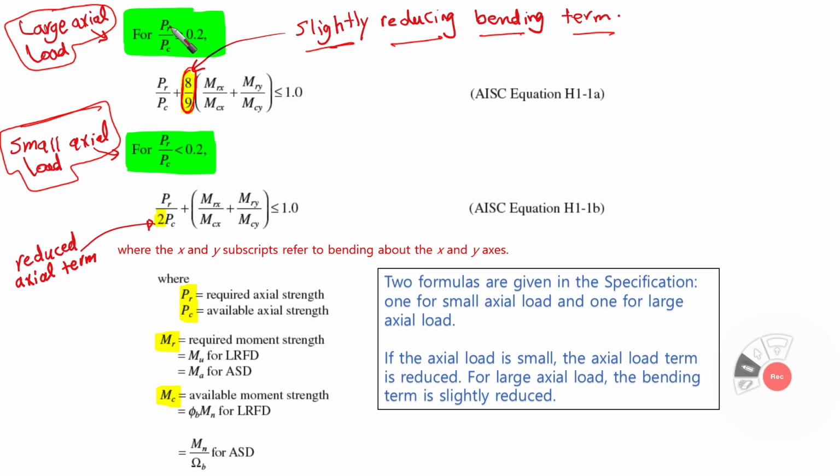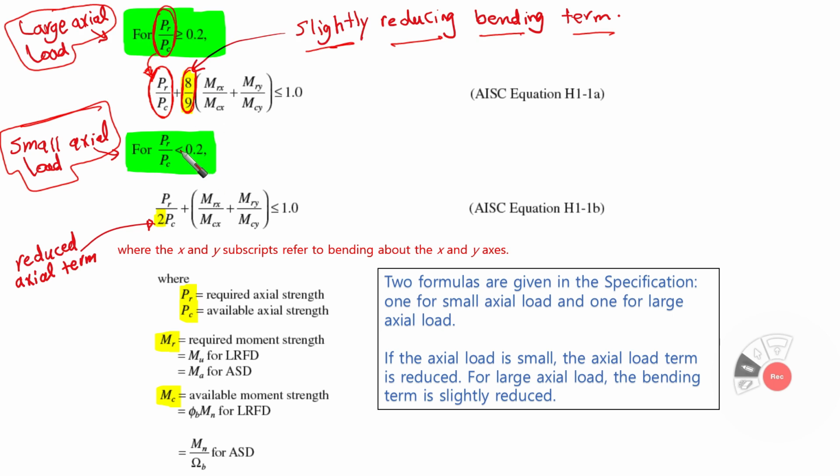This means that whenever we have a large axial contribution, the component related to the axial force is fully taken into consideration, and this makes the contribution of the moment in general a little bit less. That's the significance, or the meaning here. The effect of moment is going to be reduced by almost 10%.